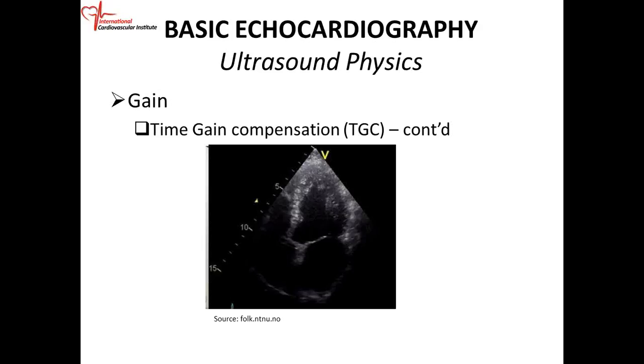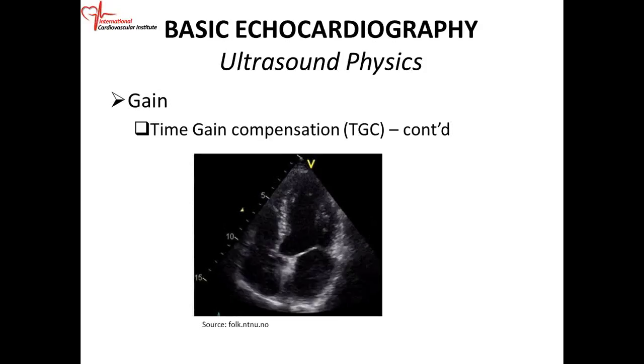So you want to increase the gain to those deeper structures, right? So TGC does that. So you just increase the gain to the lower structure without increasing the gain to the upper structure. So you have a uniform image. Time gain compensation, okay?